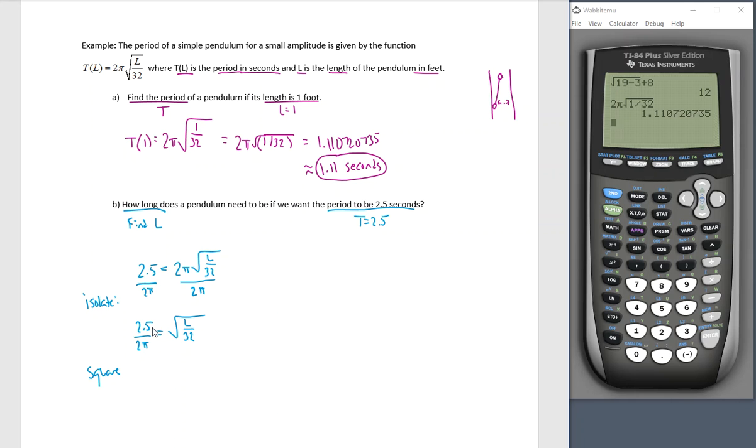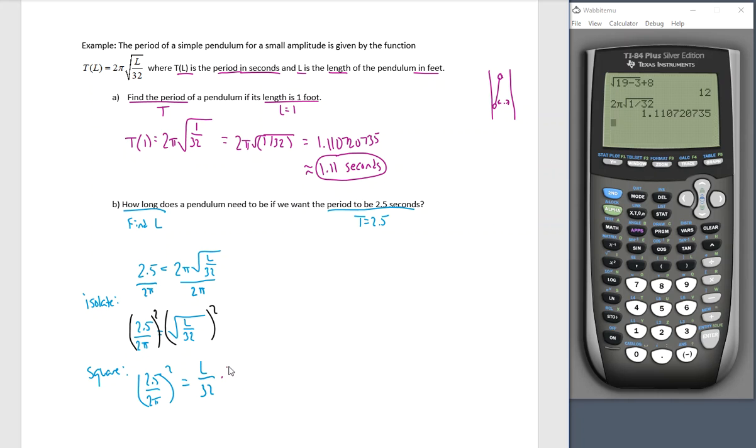Second step is to square. Notice I'm not reaching for my calculator yet, because I know I'm going to have to put this all into the calculator later. I'm going to do it all at the same time. So after I square both sides, I'll have 2.5 over 2 pi all squared equals L over 32.